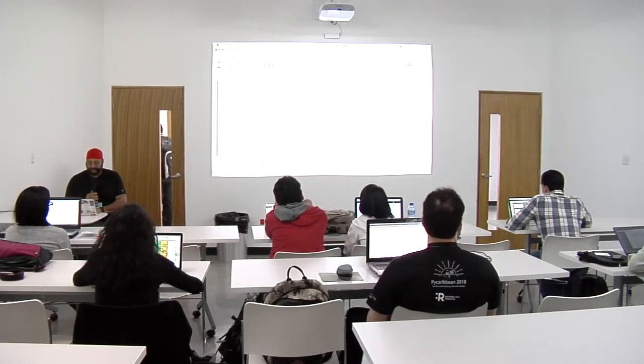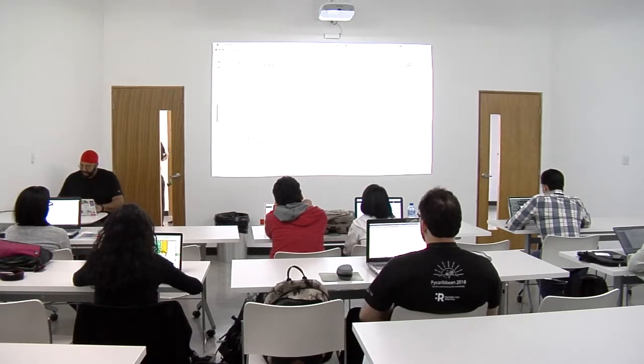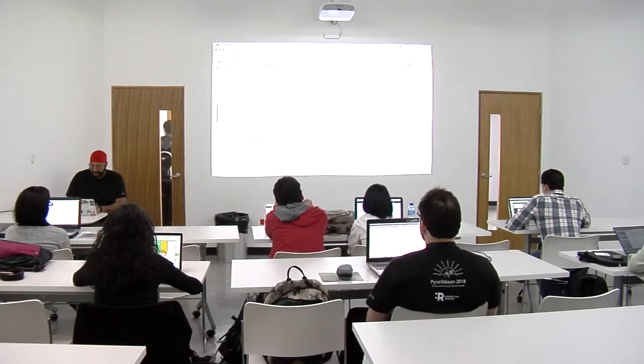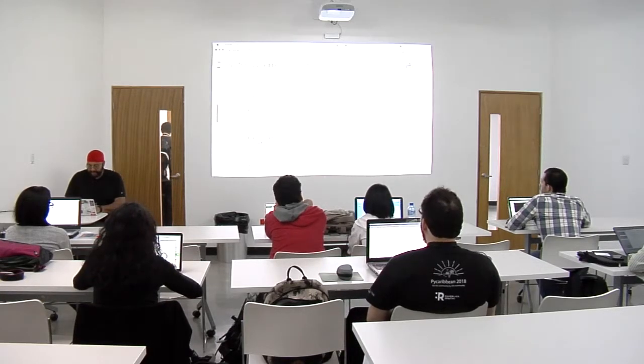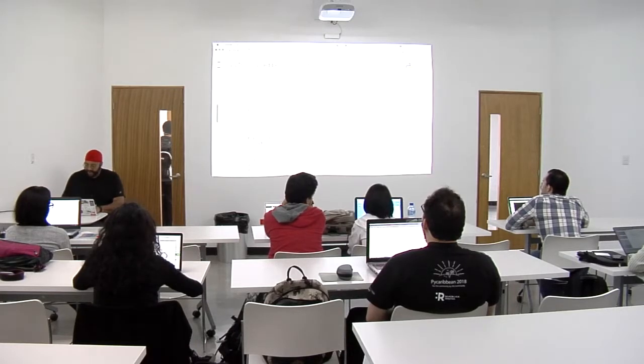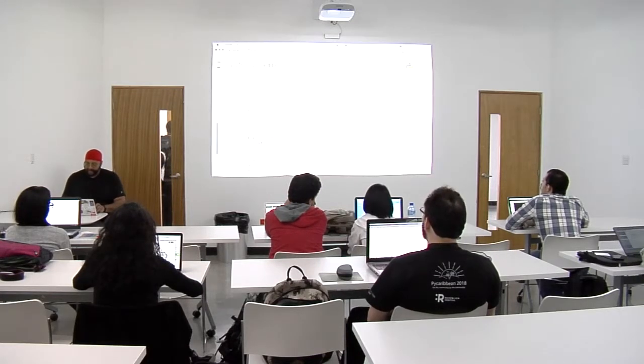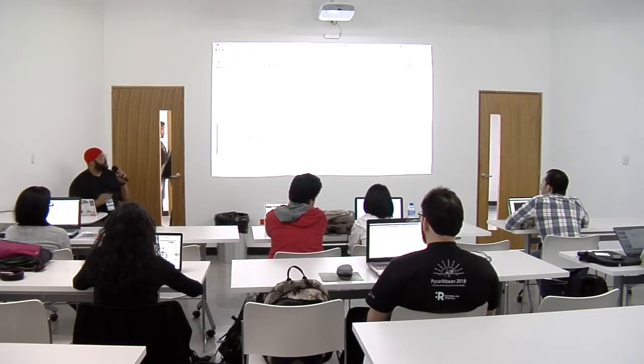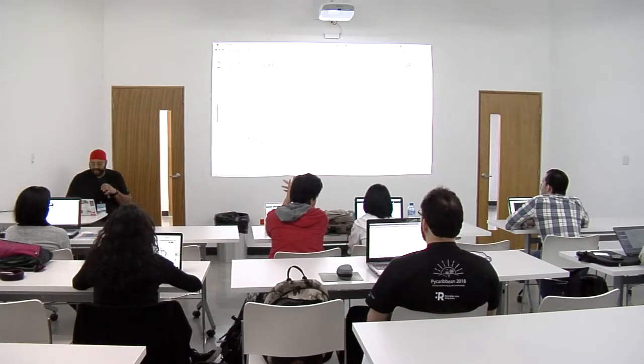So let me show you. I've created a tuple here called Kojo, and it has 3 numbers in it. 1, 2, 3. And let me insert another cell.